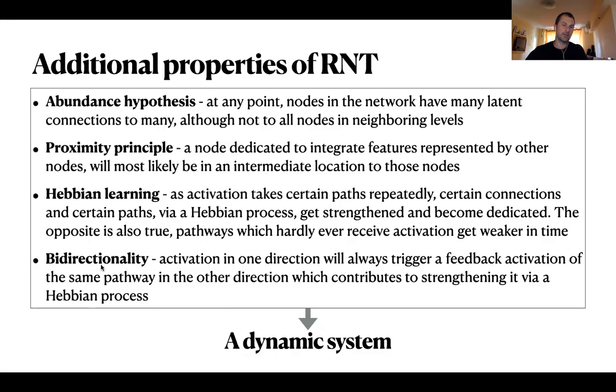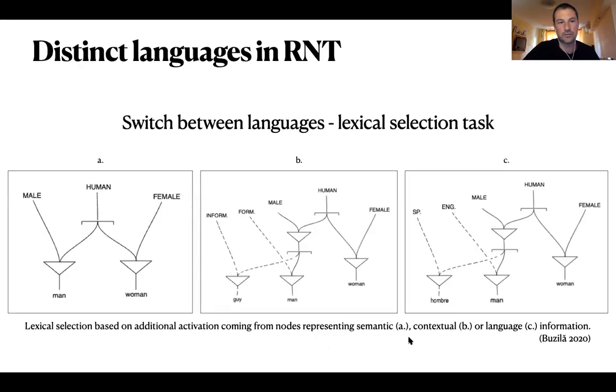And there's also bidirectionality to the system. Activation in one direction always triggers feedback activation in the opposite way. And these four properties together account for a dynamic system within which learning occurs all the time. So a system that is wiring and rewiring its subnetworks all the time. Now, how can we represent distinct languages in this kind of framework?